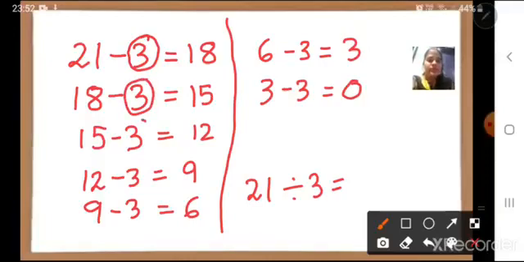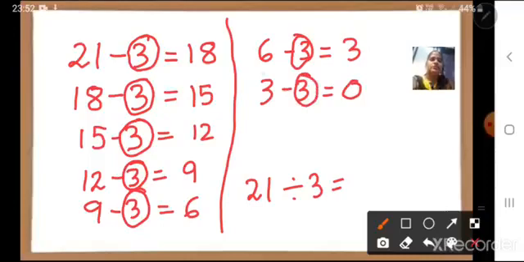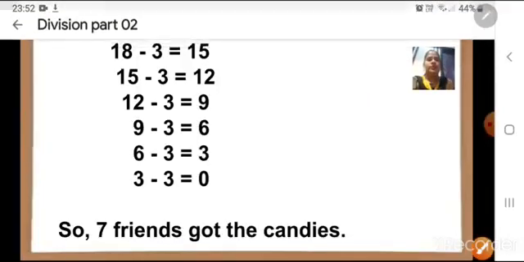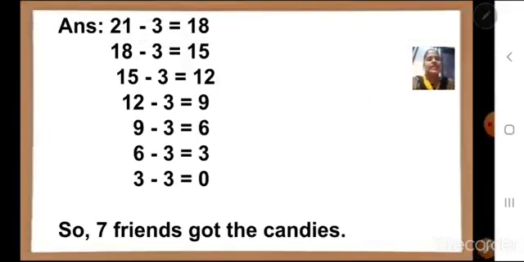Second time, third time, 3, 4, 5, 6 and 7. So our answer is 7. Got it, children? That is how we have to do it. Now you are going to note it down in your notebook. We can write: 7 friends got the candies.